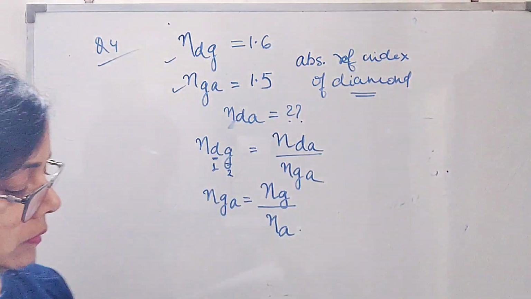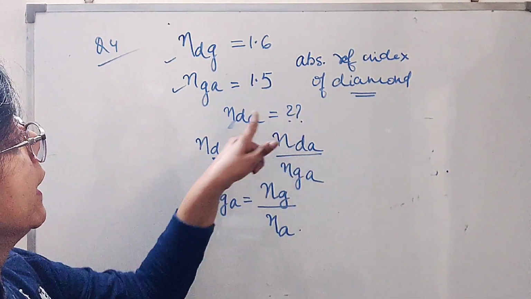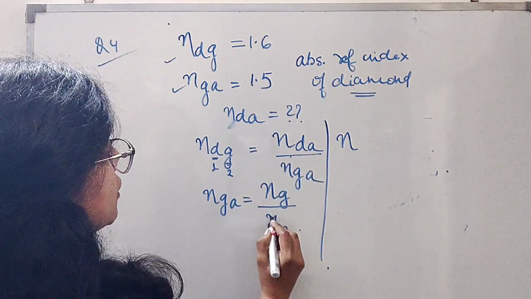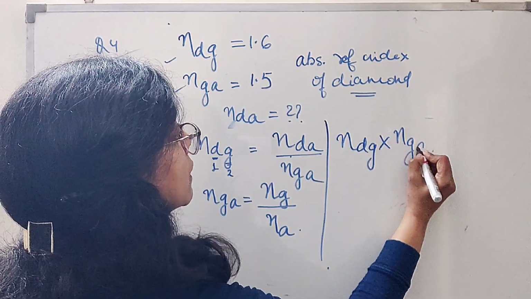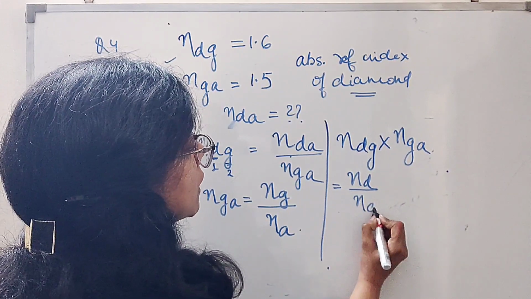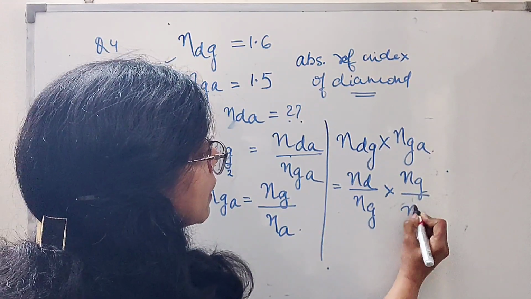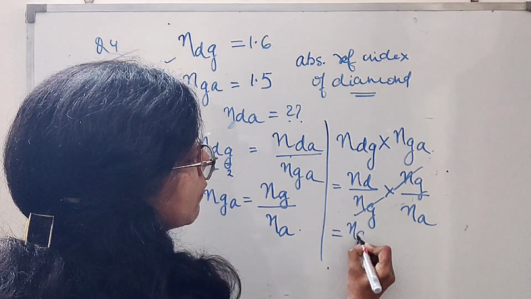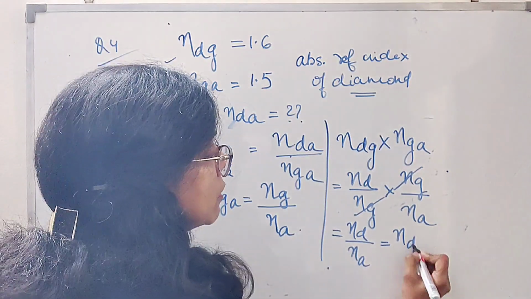Now what do we have to find out? We have to find out NDA. So how will we find it? I am multiplying these two. NDG multiplied by NGA gives ND upon NG into NG upon NA. This will cancel and I will get ND upon NA, which is the refractive index of diamond with respect to air, which I have to find out.